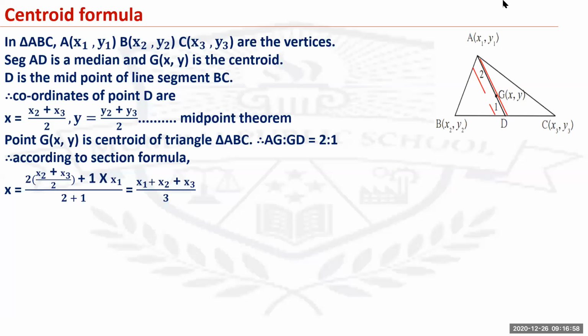How did we get this? The 2 in the numerator and 2 in the denominator get cancelled off, so you're left with x2 plus x3, and 1 into x1 will give you x1. So you'll get x1 plus x2 plus x3, and here 2 plus 1 becomes 3.